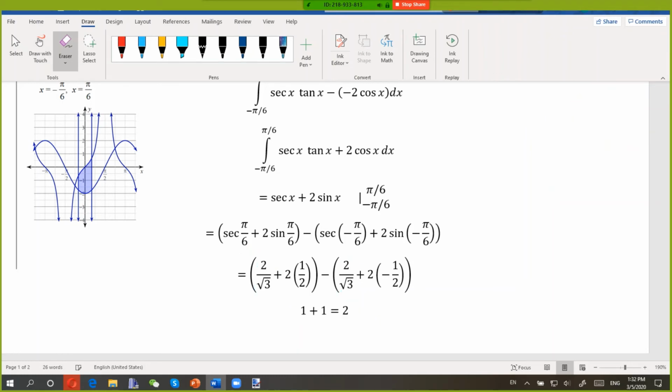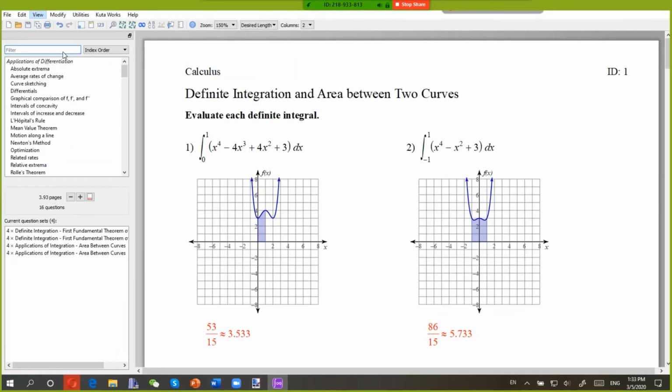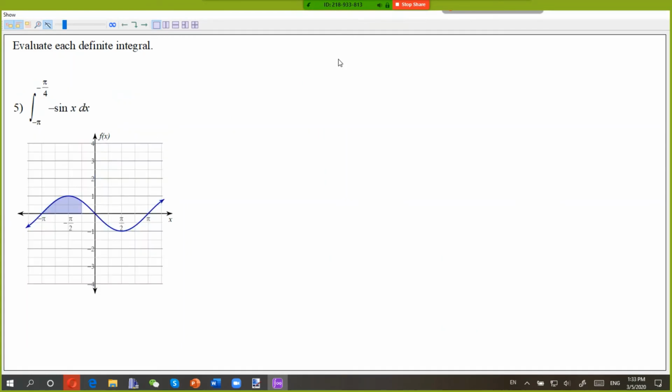Okay, let's try one more. So I'm going to regenerate these and make it random, and get the area between two curves.